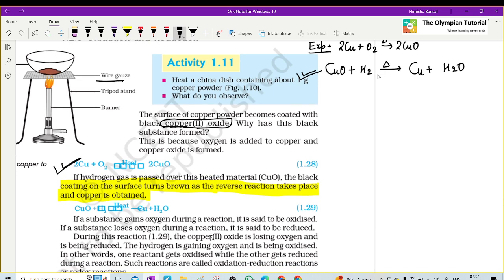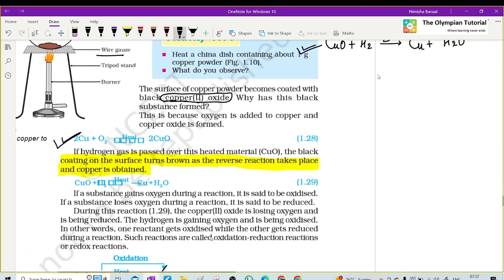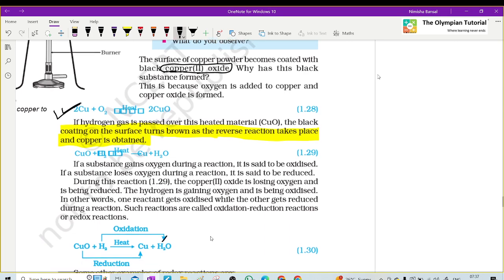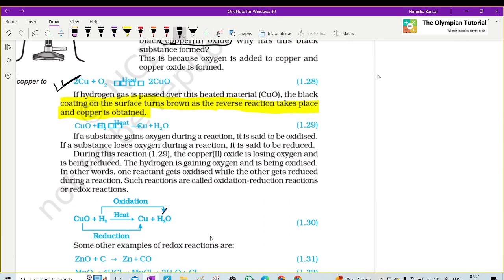Okay, Thanya, after that write down. If a substance gains oxygen during a reaction, it is said to be oxidized.